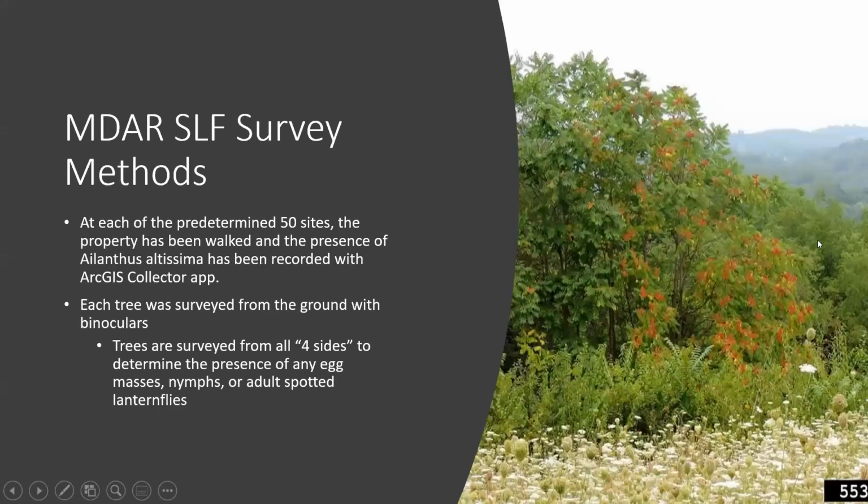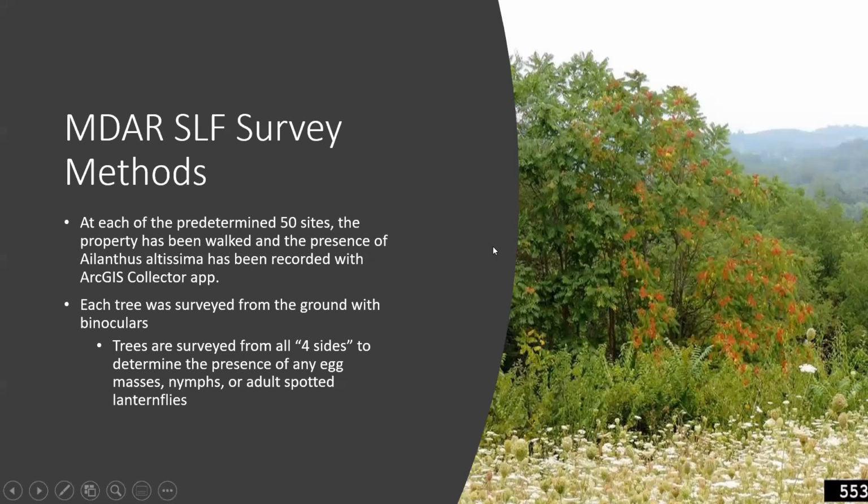So our survey methods: at each of the 50 predetermined sites, we walked the property, the parcel, and determined the presence of Ailanthus. And that's all recorded into the USDA's AGOL so that we can have a better understanding of how the spread of Ailanthus is shown across our state and where we want to be checking and surveying the most. And then each of the trees that we found was surveyed from the ground.